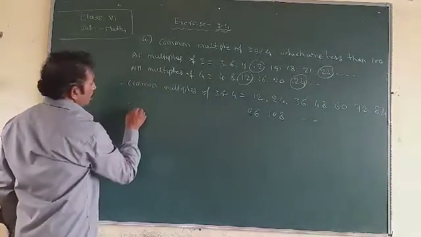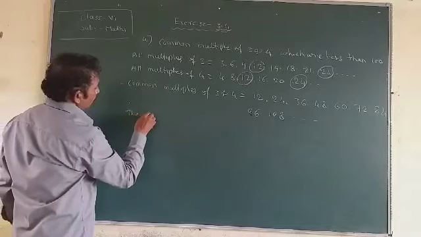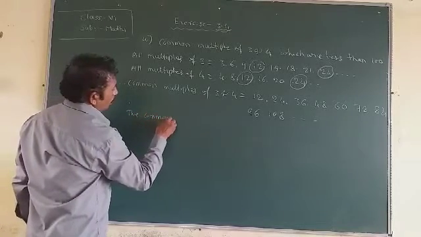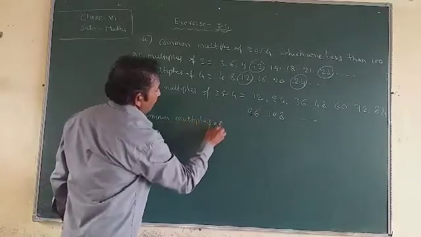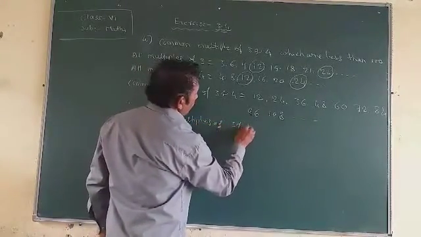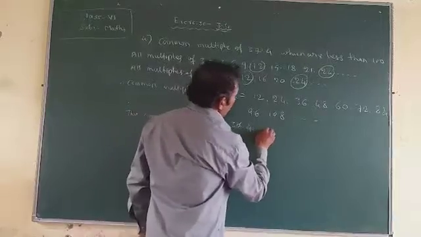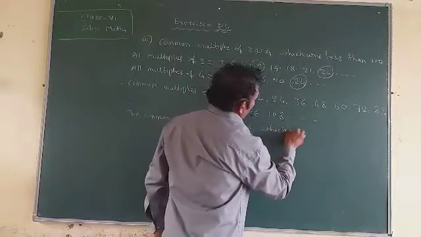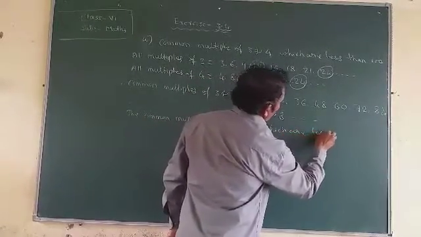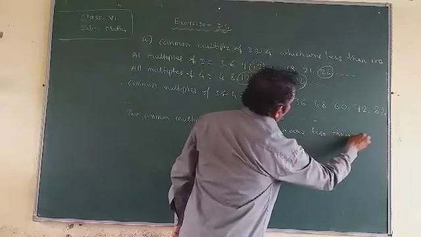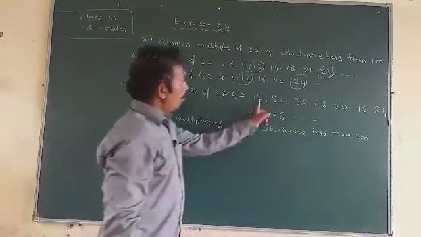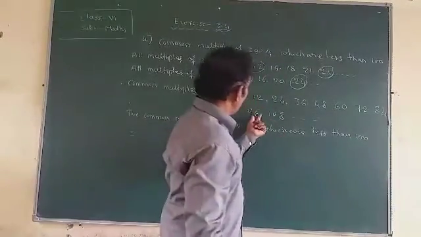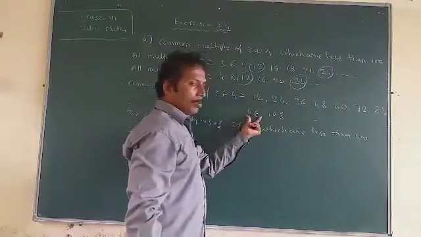Therefore, the common multiples of 3 and 4 which are less than 100 is equal to, write all these common multiples from 12 to 96.